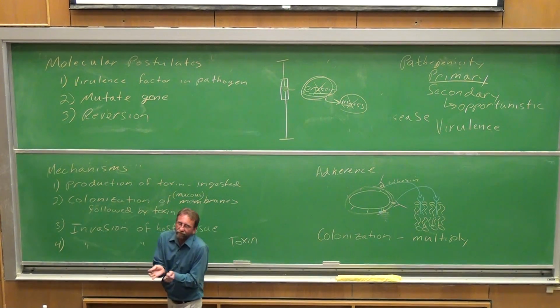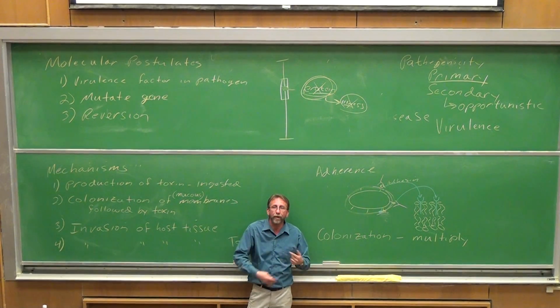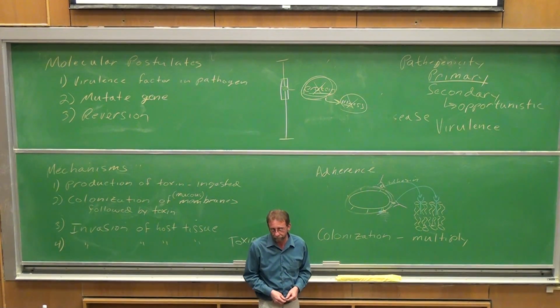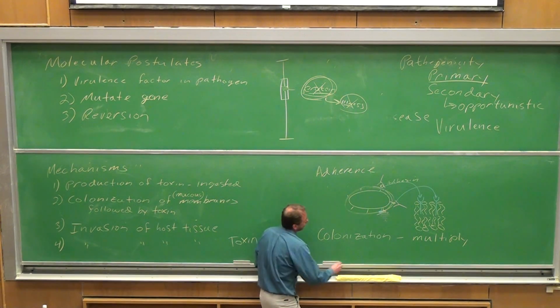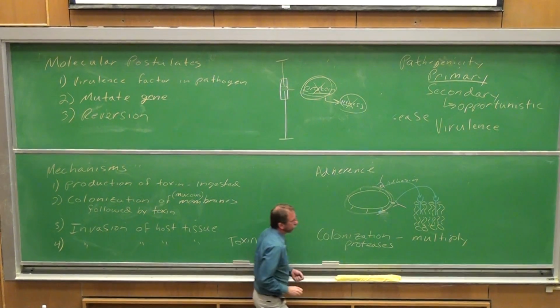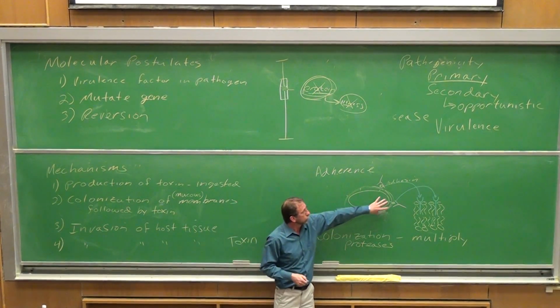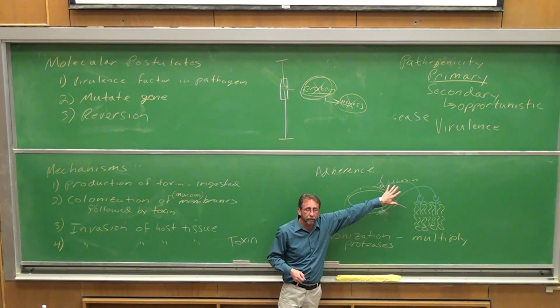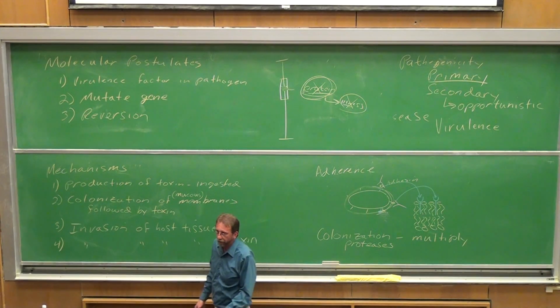So there's antigenic variation that some of these microbes employ to help them get past host defenses. In addition to that, some of them produce proteases. These are chemicals that break down proteins like antibodies such that they can't bind to the bacterium now.